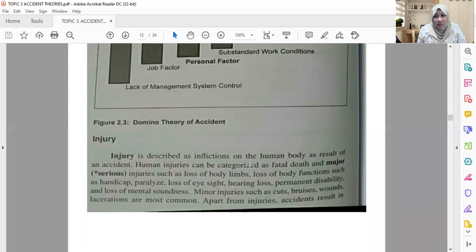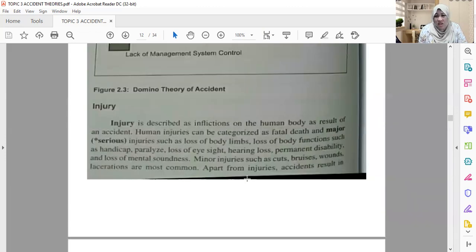Okay, kita menamakan apa tu injury, but this one is more detailed and more specific about injuries and other domino theory factors and causes. Okay, injury is described as inflictions on the human body as the result of an accident. Kesan-kesan yang terjadi kepada tubuh badan manusia yang berpunca daripada kemalangan tersebut.